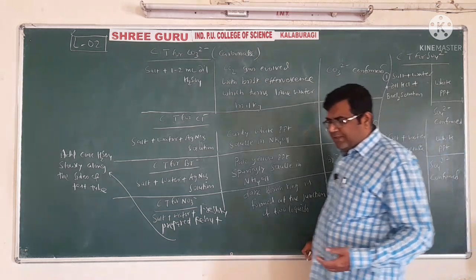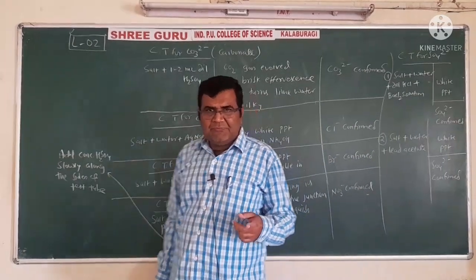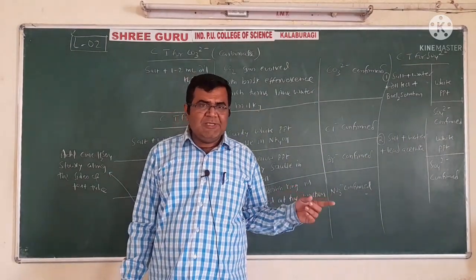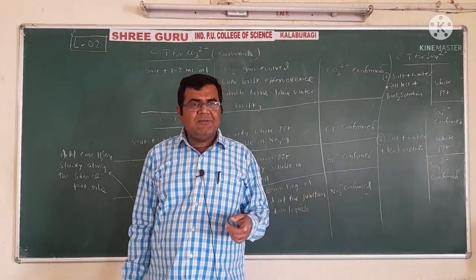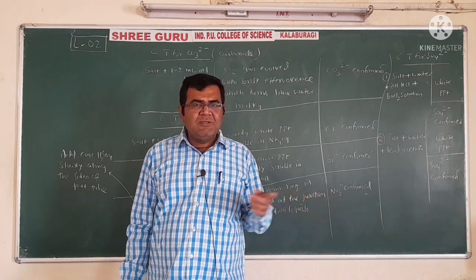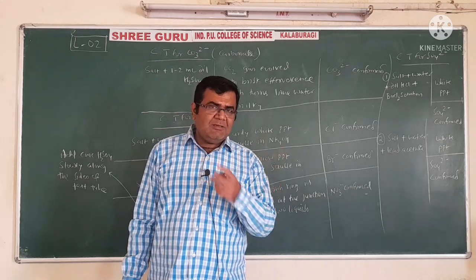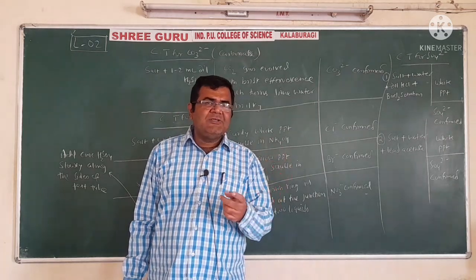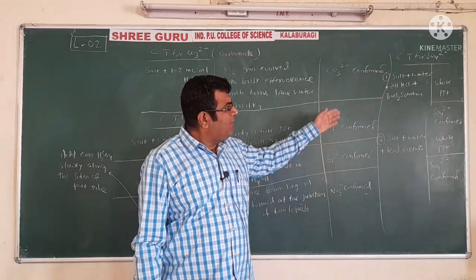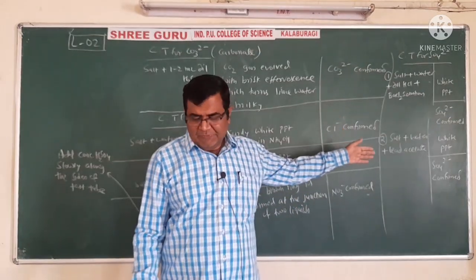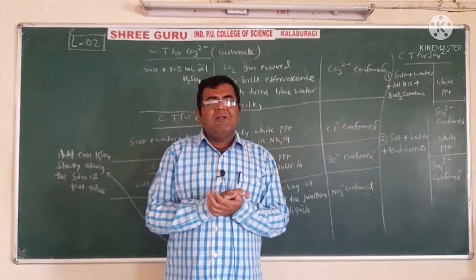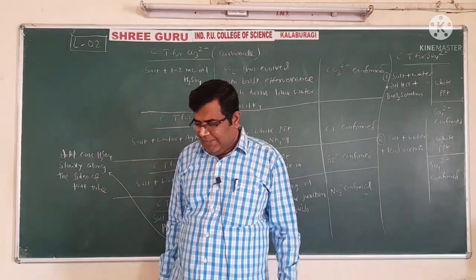So in this way you can confirm carbonate, lime water turns milky; chloride, curdy white precipitate; bromide, pale yellow precipitate; nitrate, dark brown ring at the junction; and sulfate, white PPT with the particular reagent. So this completes our acidic radical analysis.